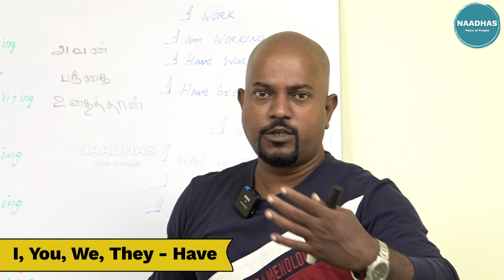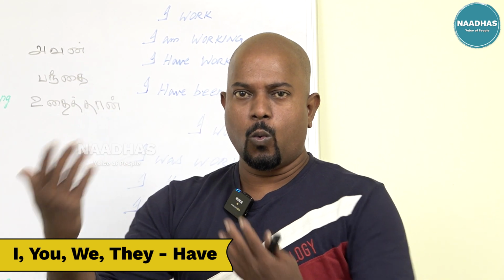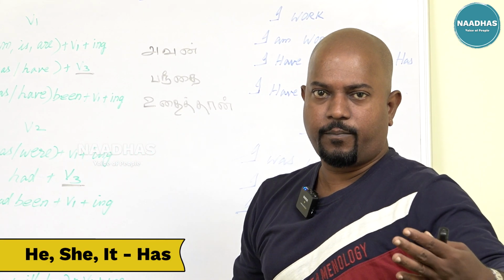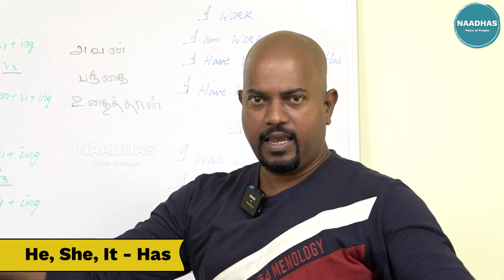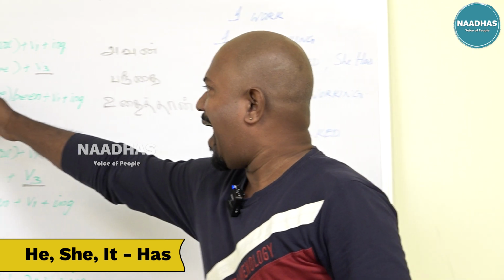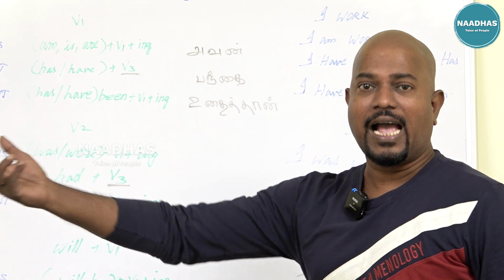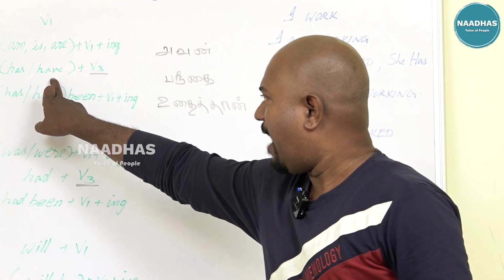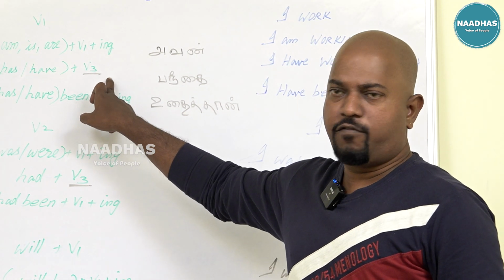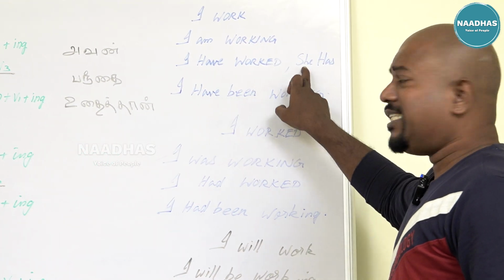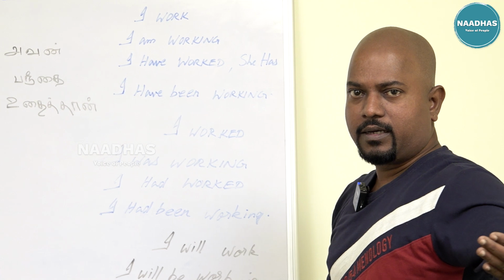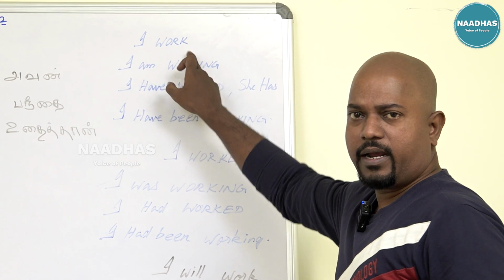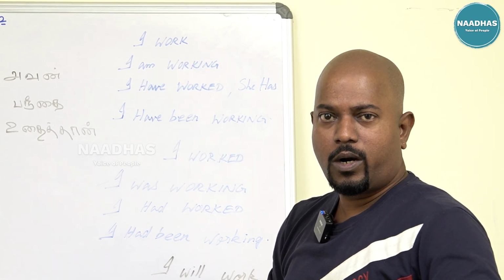For the pronouns, you can split: for I, you, we, they, we'll use have. For he, she, it, the third person, we'll use has. He has worked. She has worked. So for I, you, we, they, we have to use have, plus the V3 form. So I have worked. She has worked. He has worked. Fine? And they can take any object. I work in Chennai, or I work in Wipro, I work in US.